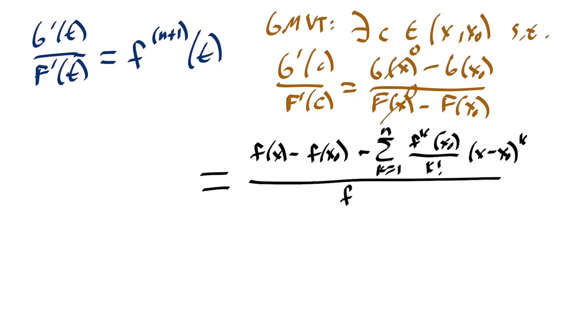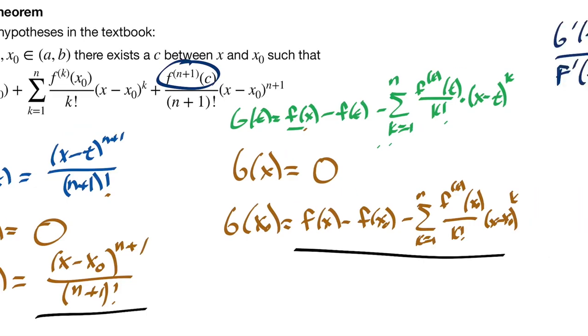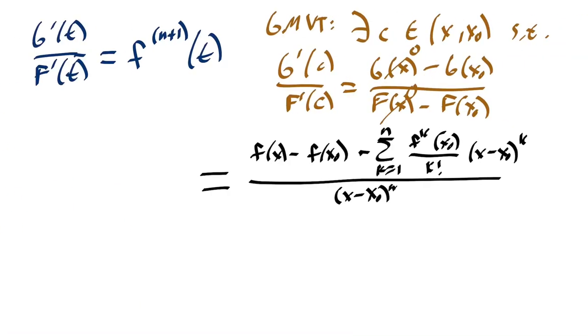Well, that was our g term, and our f term was... is that right? No, it wasn't that. It was just x minus x naught. Hold on, let's look and make sure. Yeah, it was just x minus x naught to the n plus first power divided by n plus 1 factorial.